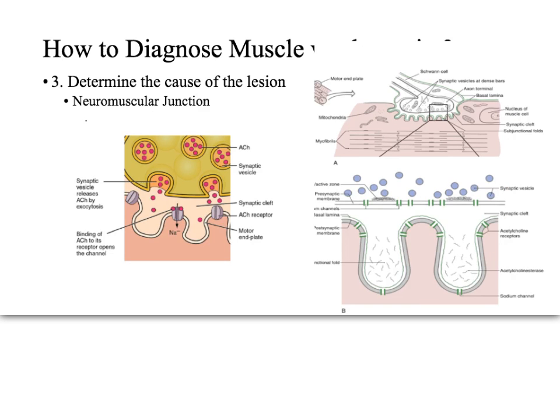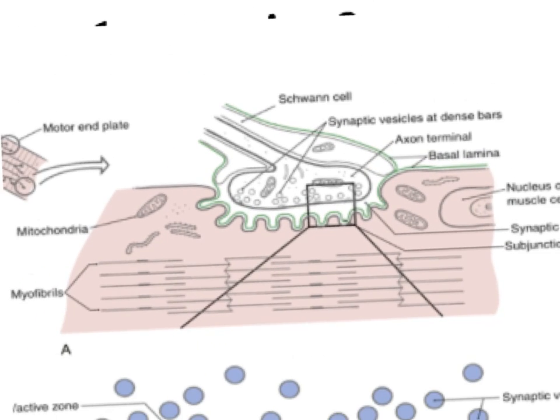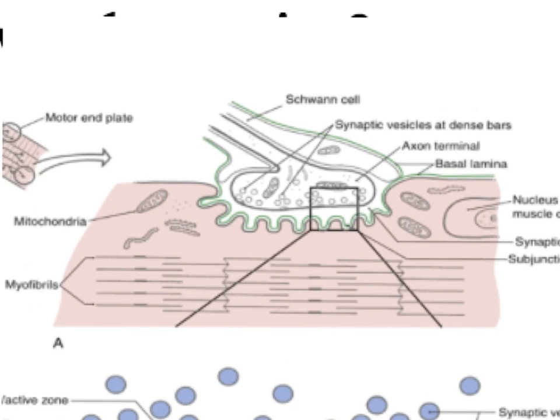So here's just another simplified representative picture of the neuromuscular junction. Something I want to point out, if you look over here, here's a Schwann cell, so I want to zoom in on this. Here we have this Schwann cell on the axon at the terminal end, and it's coming into contact with the muscle fiber.